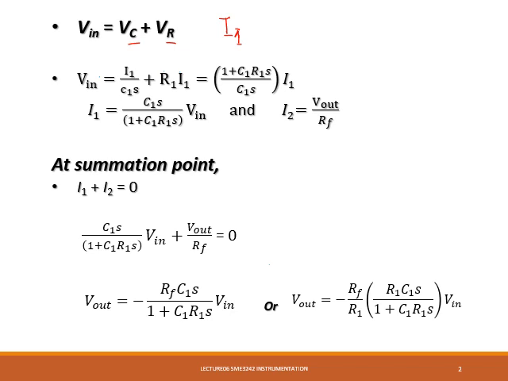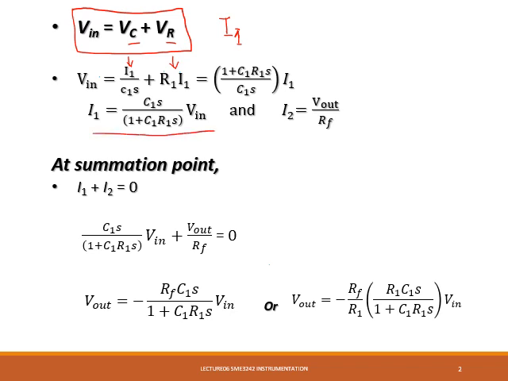In order to define I1, we know that the total input voltage is the sum of the voltage across the capacitor plus the voltage across the resistor. So we replace these with VC and VR, and we'll be able to solve for I1.